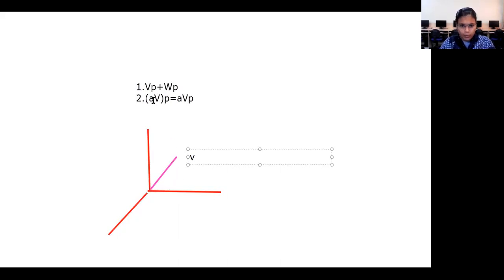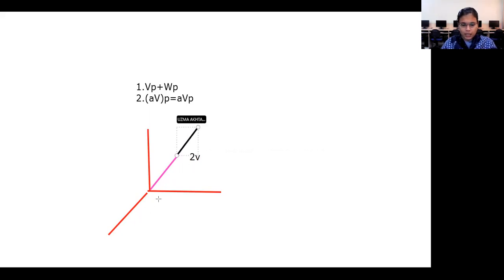Now if I want to perform a scalar multiplication, suppose this a is positive. Suppose I am writing this as 2. This scalar is 2. So this line will be extended. It is 2 times v.